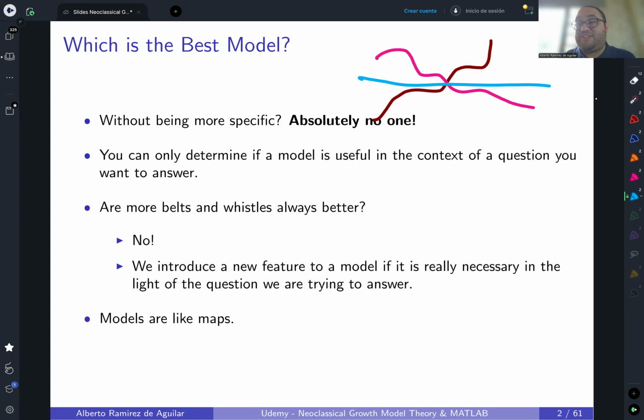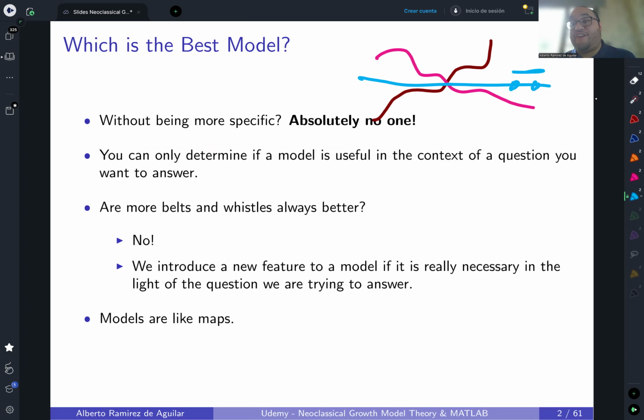The subway map many times is not even geographically correct, right? So it may be that the distance between station A and B is not exactly as shown in the map. But we as users don't care about this, because the objective of using the subway map is not navigating through the city, it's just using the subway.